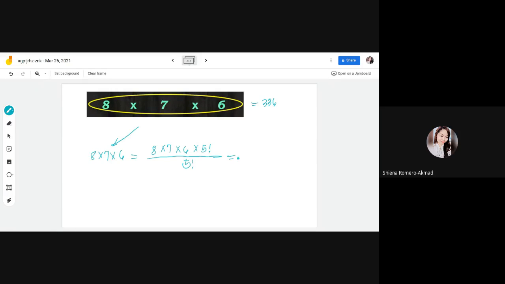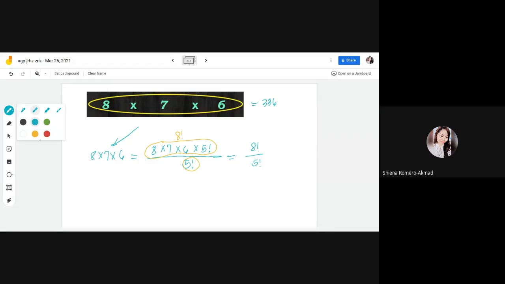And kapag sinulat natin to into factorials, ito, si 8 times 7 times 6 times 5 is actually 8 factorial. Ito, still the same, 5 factorial. Okay? So we can say that this is 8 factorial and this is 5 factorial.